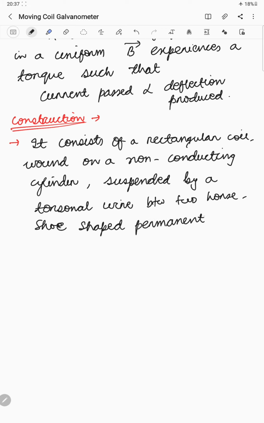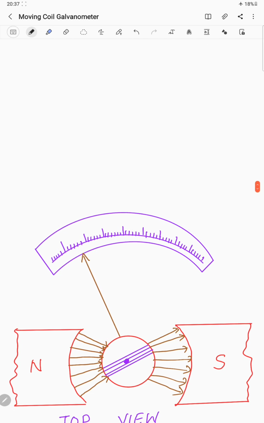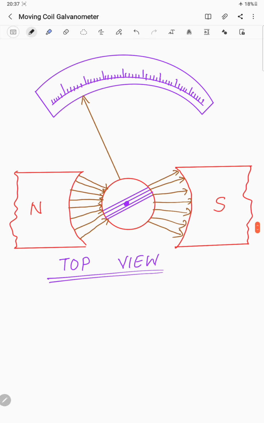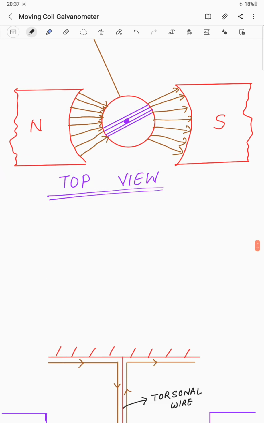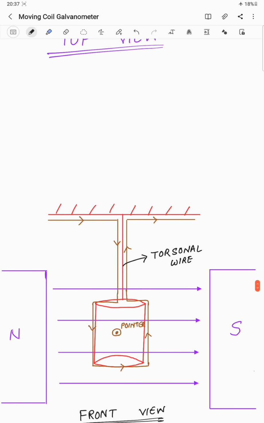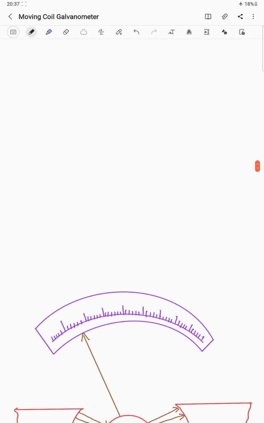Okay, permanent magnet. And in CBSE, if this question comes, you all have to do the top view. This diagram is to be done. This front view is not required. This is for your understanding, right?